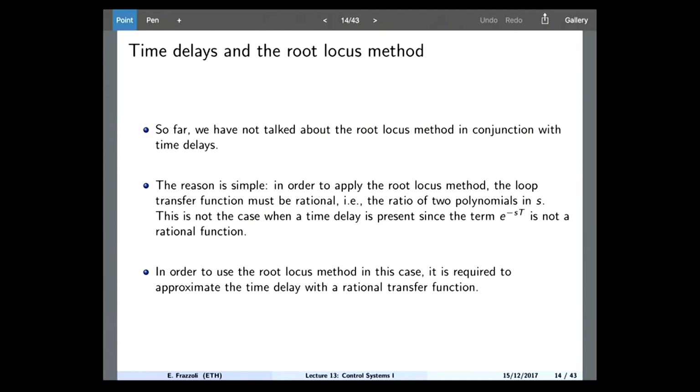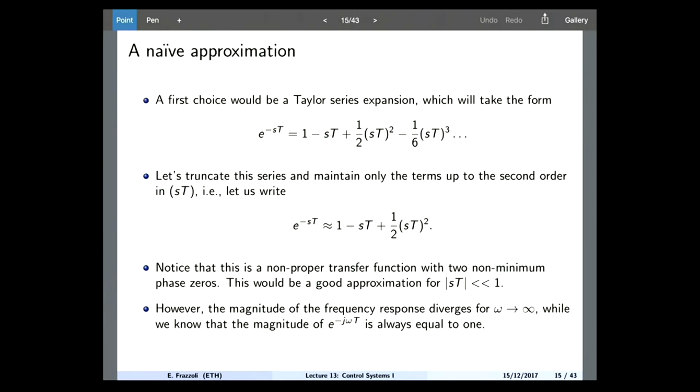Okay? But let's say that we really want to use the root locus, okay? So something that you can do is take your non-rational transfer function and approximate it with a rational transfer function, okay? So something that you can do is take e to the power minus sT, compute the Taylor series expansion, which is just 1 minus sT plus 1/2 s squared T squared, and so on and so forth.